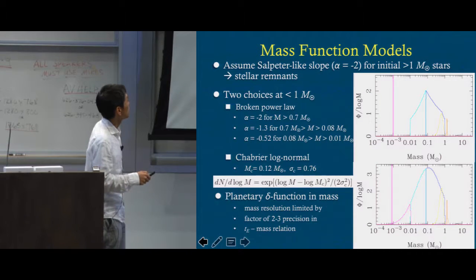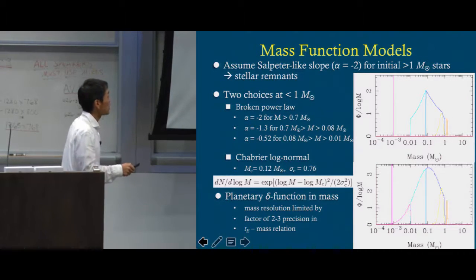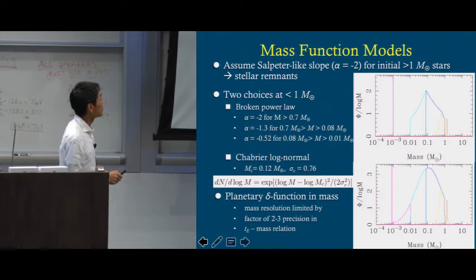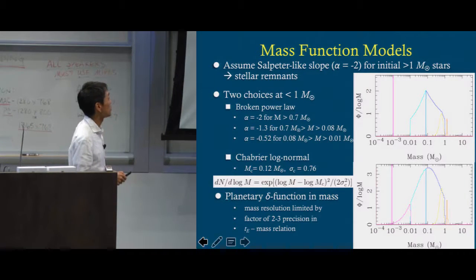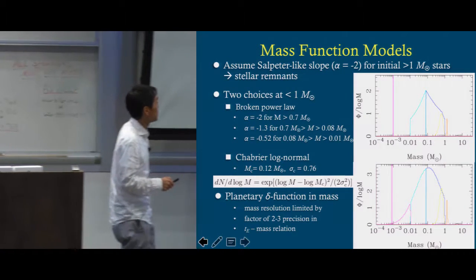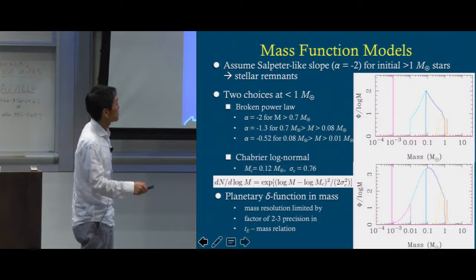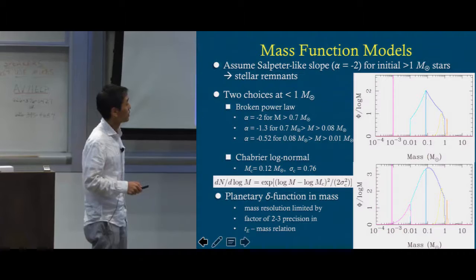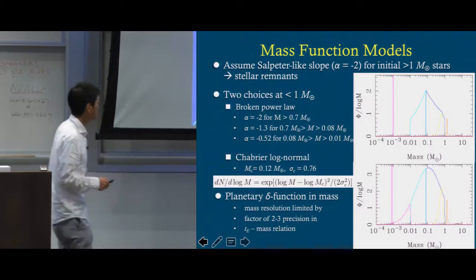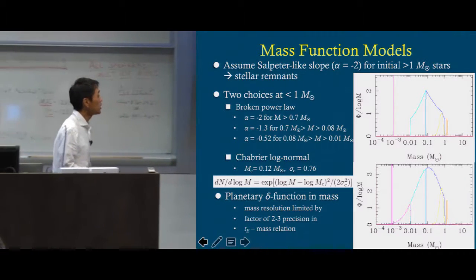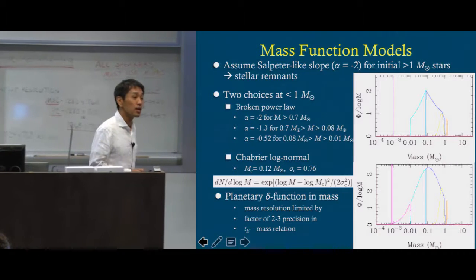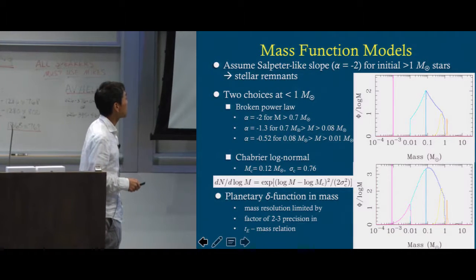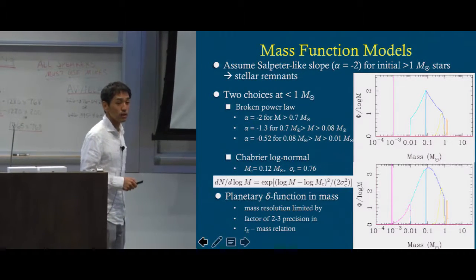And for the log-normal mass function, we used the average of 0.12 solar mass, and sigma is 0.76. So this is the resultant mass function. It looks quite similar. And for the short timescale events, we adopted a delta function mass function.